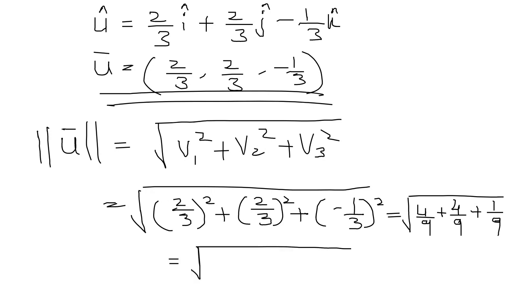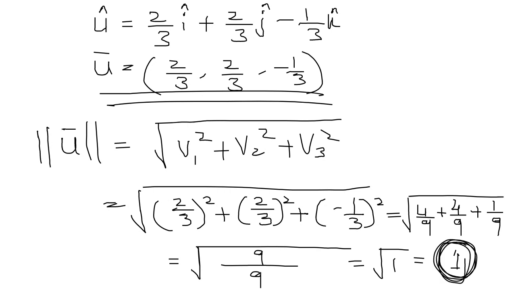You get 9 divided by 9, which is the square root of 1, equal to 1. So the length of this vector is 1, which means this is a unit vector. This is how to check that the vector we got from normalization must be a unit vector.